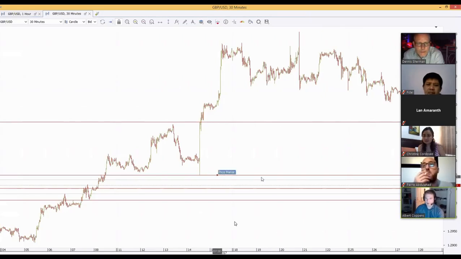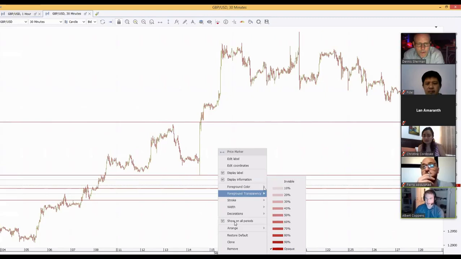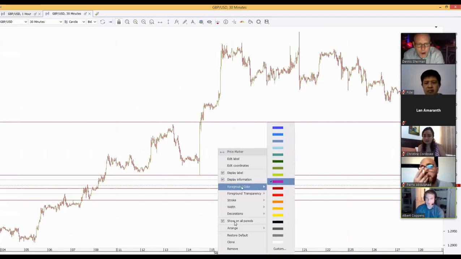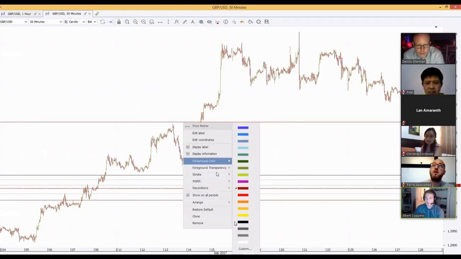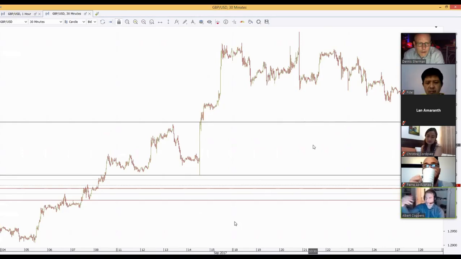That has to do with the fact that they told us, let me make it another color, let me make it black, that we would have some major interest rate decisions and maybe they would be doing more hikes in the near future, and that's why the price shot all the way up. So that's why I marked those levels, key levels for GU.